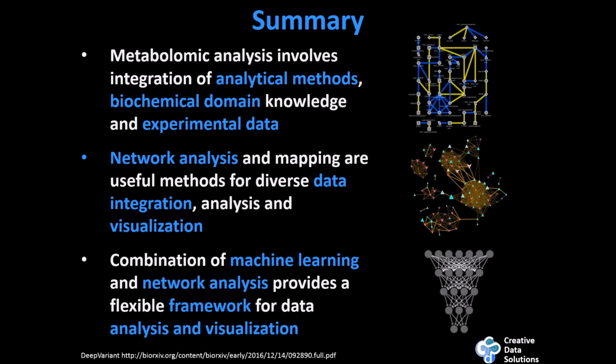Network analyses and mapping are a very powerful way to combine very orthogonal information, like statistical and functional machine learning, into a system where you have a biochemical or chemical context, and you're easily able to visualize and experiment on it. The combination of both machine learning and network analysis can provide a flexible framework which can generalize to other omics and allow you to do all sorts of interesting data analysis and visualization tasks.